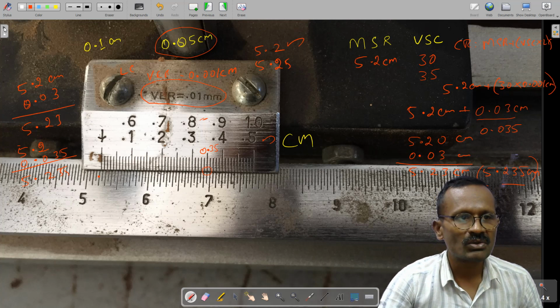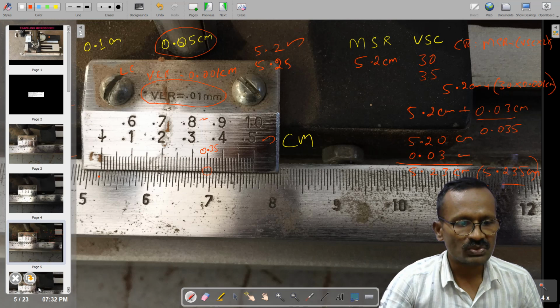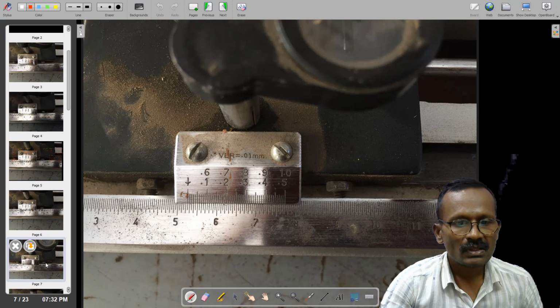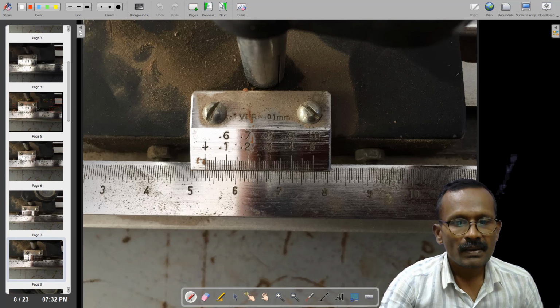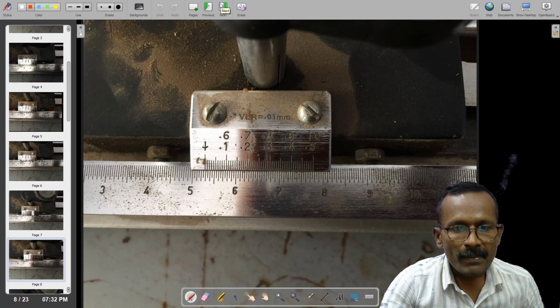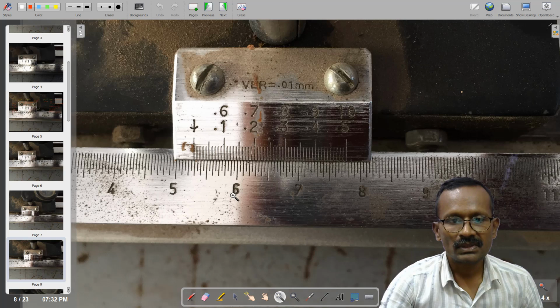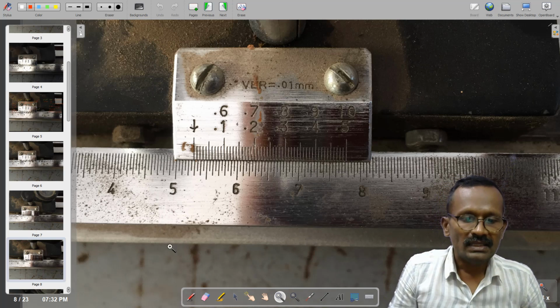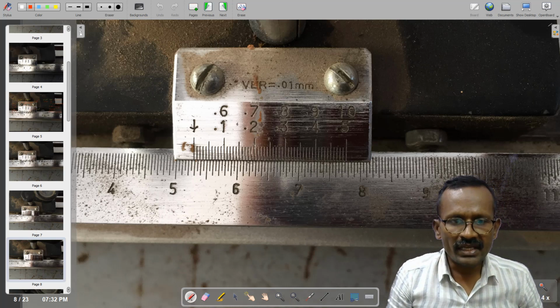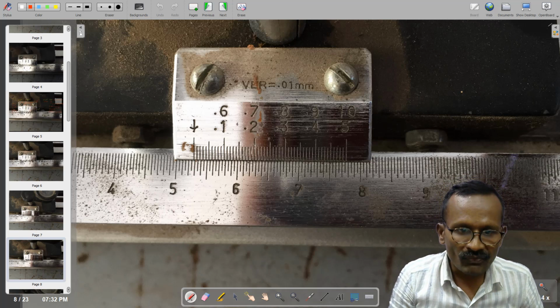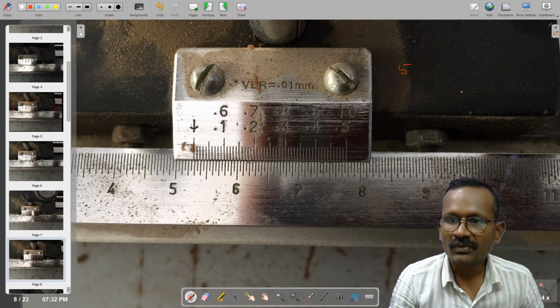If I go to the next reading, you may get more picture on this one. Good. Now, what about this reading? What is the main scale reading? 5.1, 5.2, 5.25.